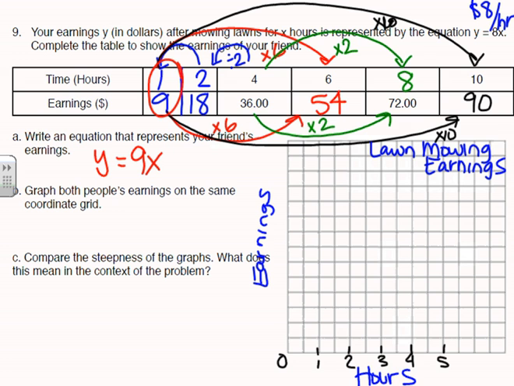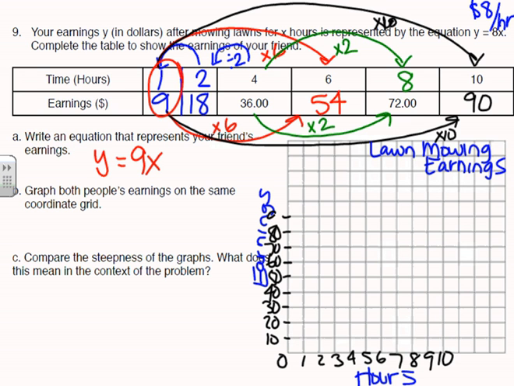I didn't go quite high enough, so let's try that again. Then I want to count up to about 100, so let's just count by $10 each time. 10, 20. A little bit shorter than the full grid, but that's okay.